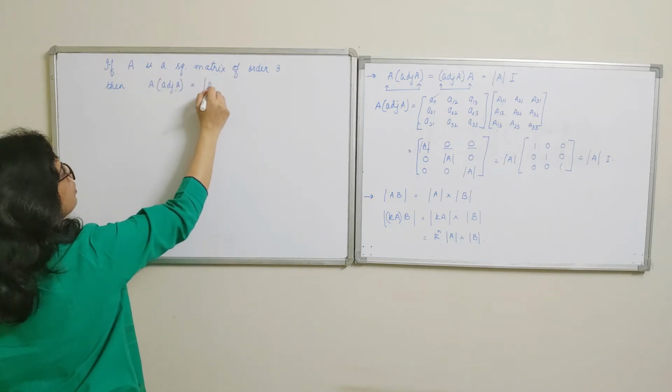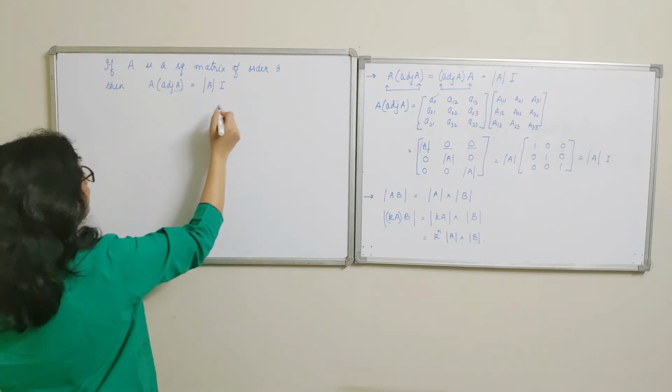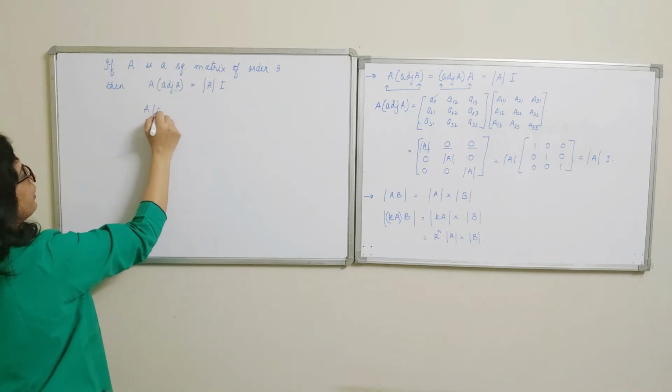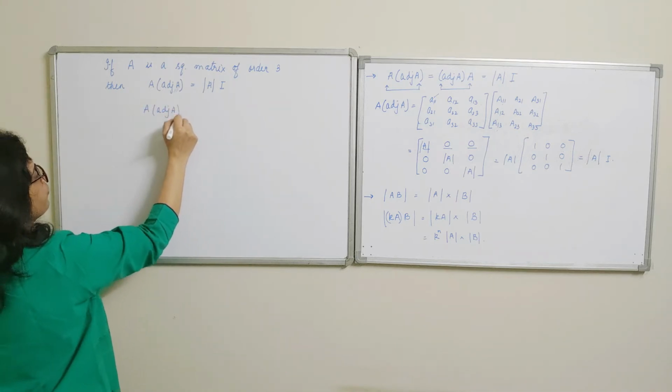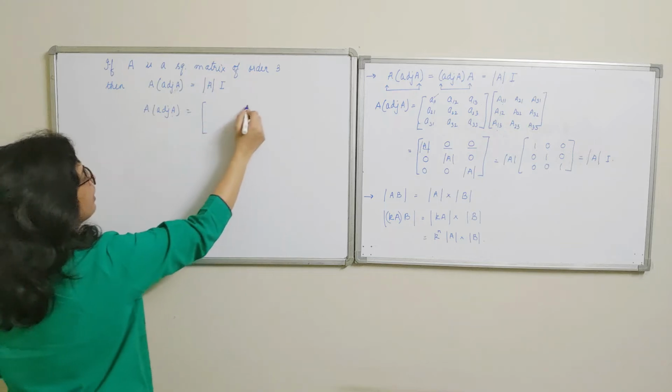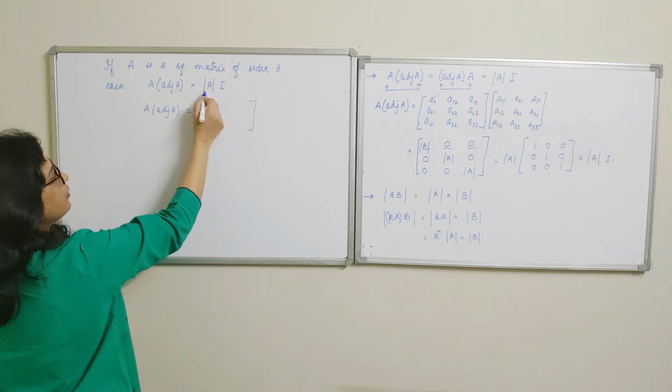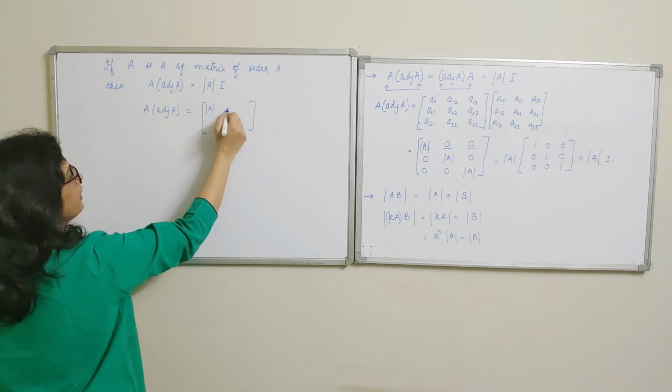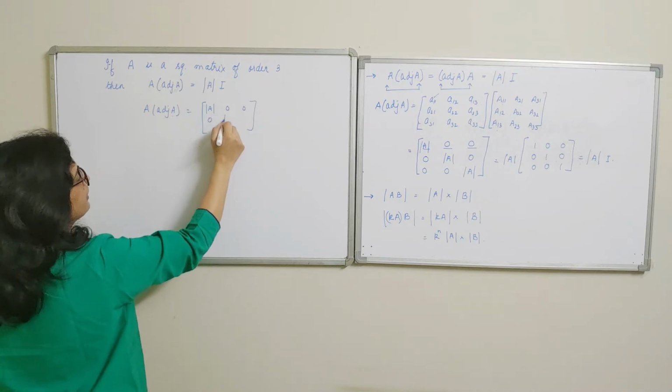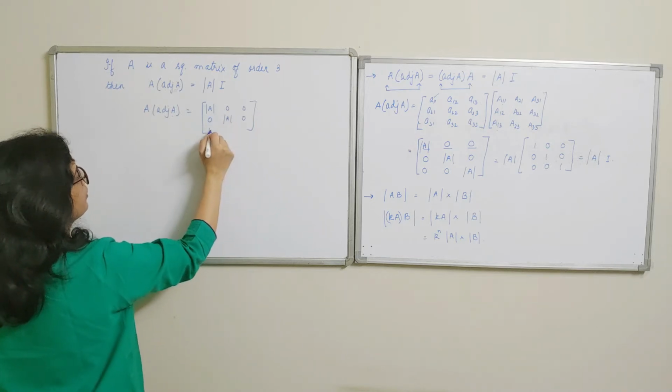This is equal to determinant A into I. So I'll just rewrite it like this. This is an identity matrix multiplied by the determinant of A. So we get this kind of a matrix.